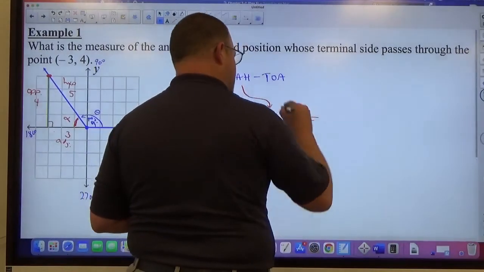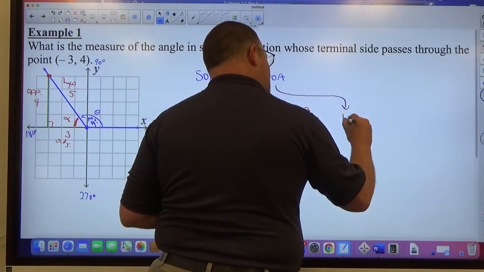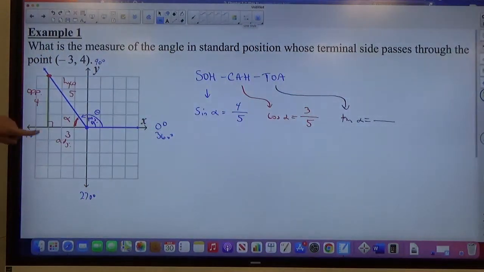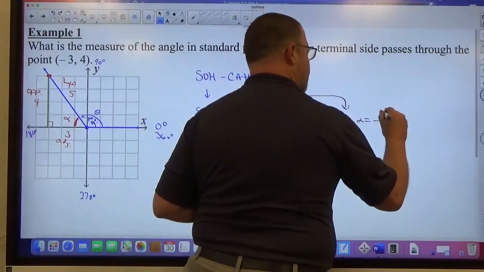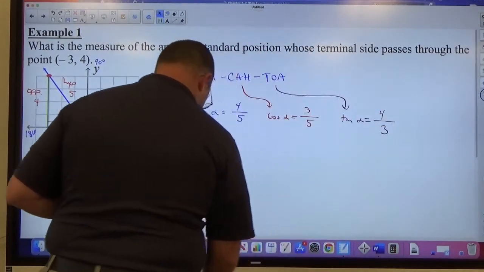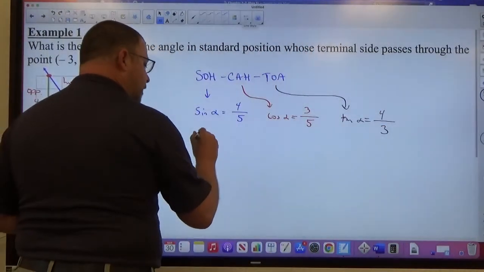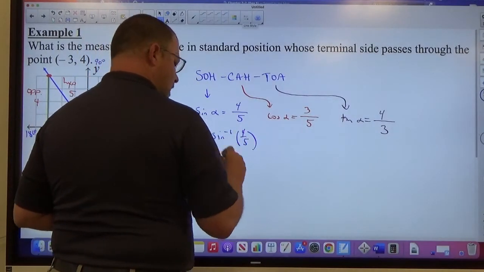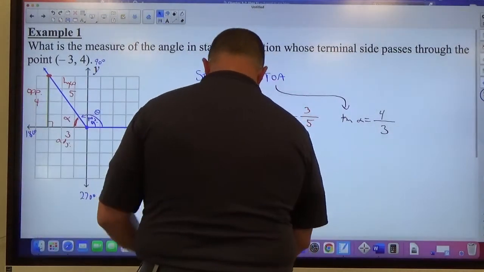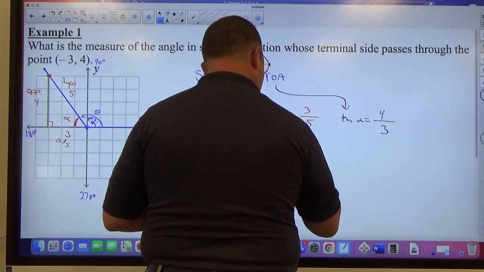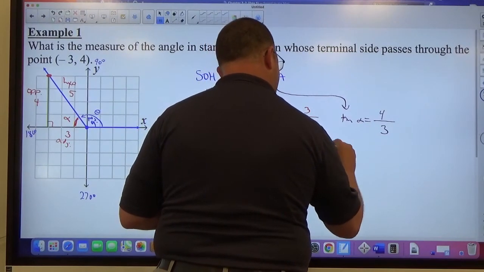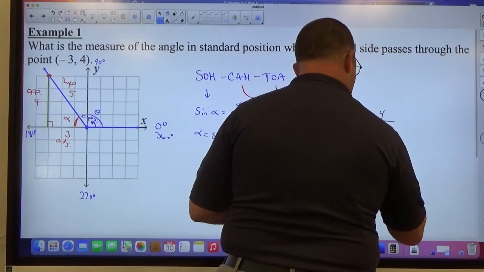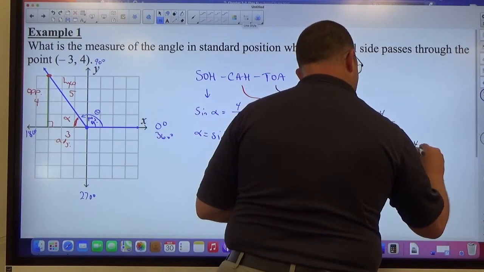If I used tangent, tangent of alpha equals opposite 4 over adjacent 3, 4/3. So if I'm using sine, alpha is going to be inverse sine of 4/5. If I'm using cosine, alpha would be inverse cosine of 3/5. If I'm using tangent, alpha equals inverse tangent of 4/3.